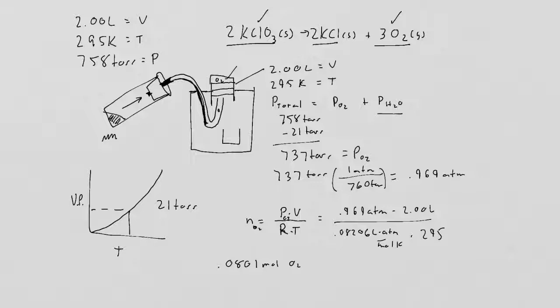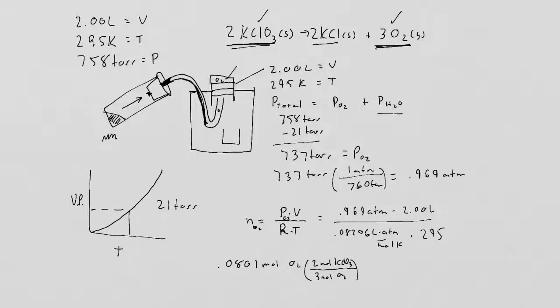And now we're back to a very simple stoichiometry question, because we now have the moles of the oxygen. We can get the moles of the KClO3, and therefore we can figure out what the mass is as well. So now we can take the stoichiometric proportions in the equation and go: for every 3 moles of O2, there are going to be 2 moles of KClO3.